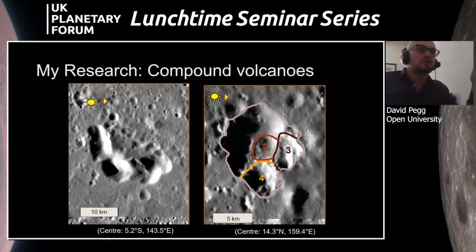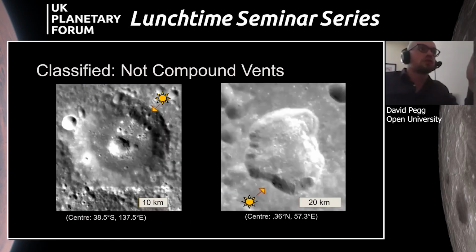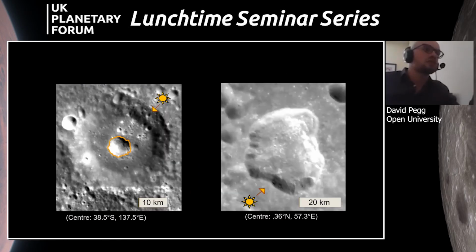This is in contrast to those that are not compound vents. So inside this crater, you've got this single hole here with no internal structure. So it could well be that that erupted just one time. I mean, it could have erupted multiple times, but we've got no indication of that. Or similarly here, where you've got this large vent but with no internal structure other than a slump towards the north.